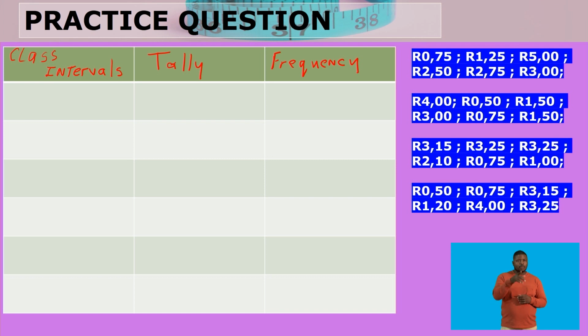Now, you'll see that I've already included a certain amount of rows, 1, 2, 3, 4, 5, 6 of them, but of course that depends on the amount of intervals we have. So in this situation, looking at the numbers we have, we first try and find the smallest value. You will see that there's lots of 0,5.